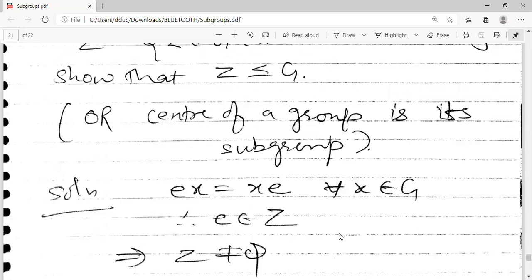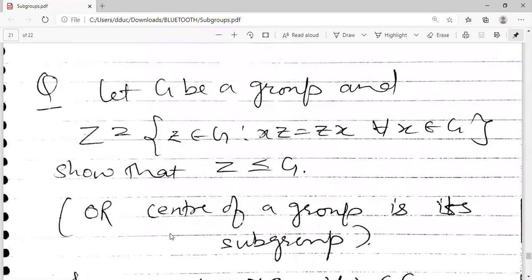So let us see, first of all, we are showing that it is non-empty. How are we going to show that it is non-empty? We are going to show that the identity element belongs to the set. How are we going to show that? We are going to show that the identity element satisfies the defining property of this subset Z. So what is the defining property?